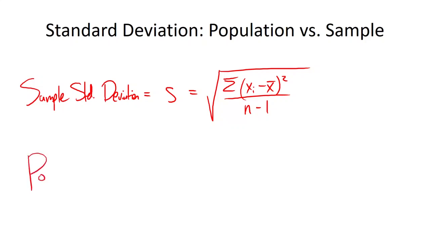But if you have population data, so if you didn't take a sample and you actually have your entire population, the population standard deviation we denote with another Greek letter, which is a sigma. It's a lowercase sigma, not an uppercase sigma.